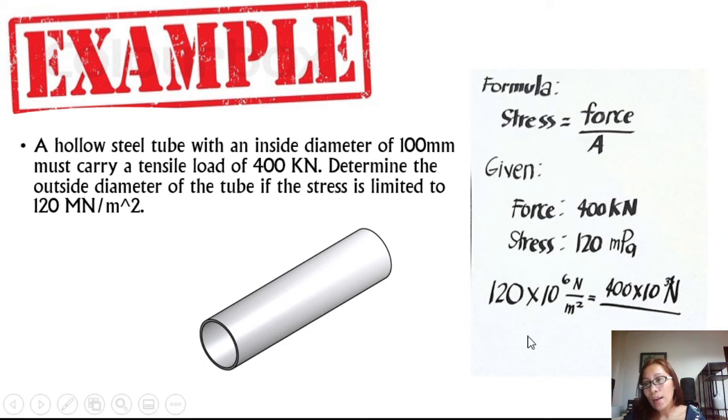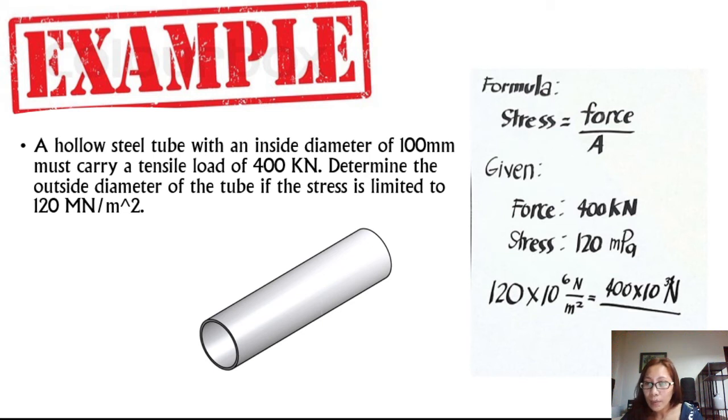So the stress is 120 megapascal, so 120 times 10 to the power of 6 Newton per meter squared is equal to the force, which is 400 times 10 to the power of 3 Newton, over the area. Since we have two areas, the inside diameter and the outside diameter, what we will do is subtract the inside from the outside.